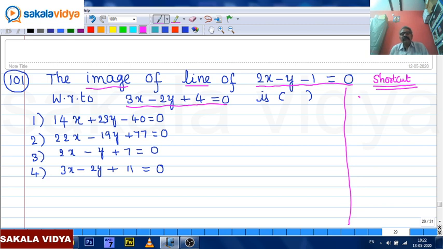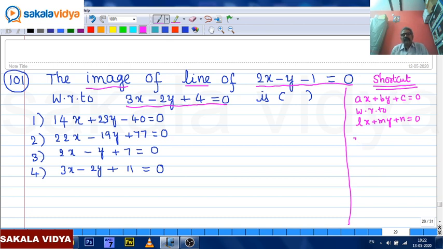For example, the image of ax plus by plus c is equal to 0 with respect to lx plus my plus n is equal to 0 is also a line.